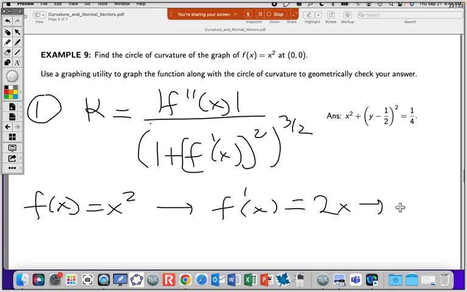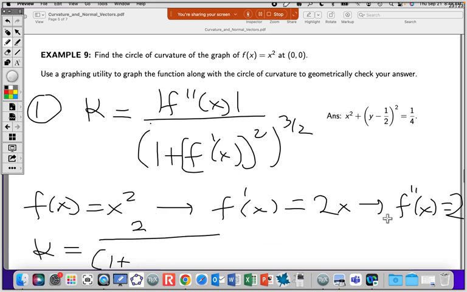Two x. And what's f double prime of x? 2. So I feed that into my curvature formula. I get the absolute value of 2, which is 2, divided by 1 plus f prime squared to the 3/2. Now this is a function of x. What x value am I at here, folks? 0. The curvature at 0 would just be 2.